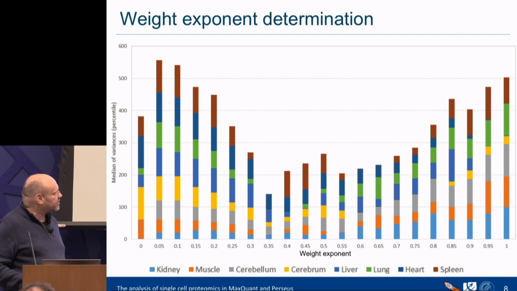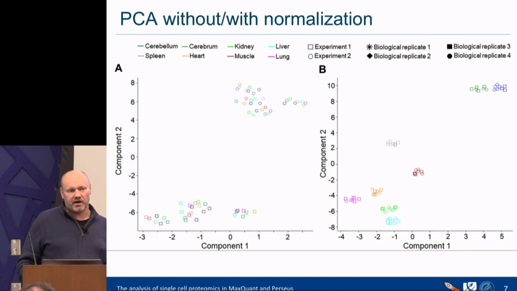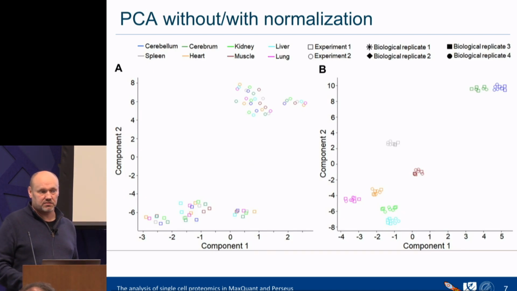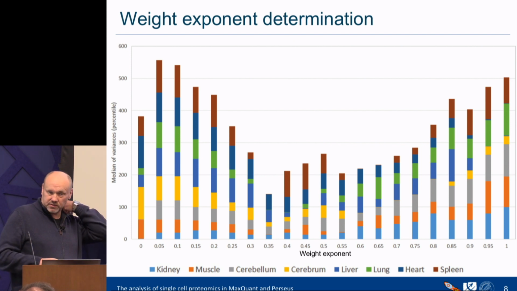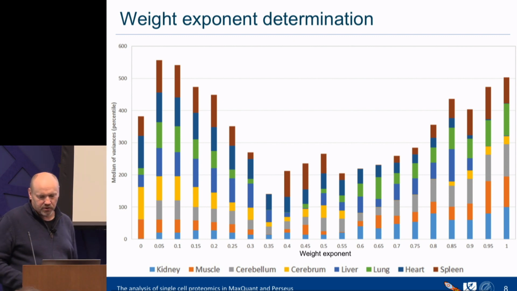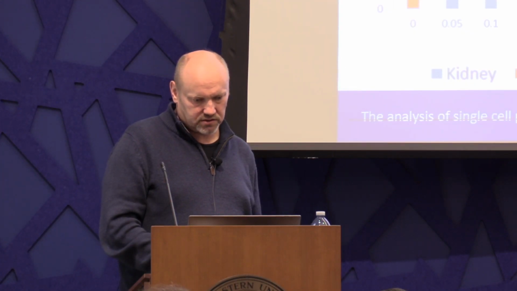So the thing to optimize clearly is just the within group variance. That's the within group variance as a function of the weight exponent, and we see at 0.35 it's minimized. So that seems to be the good value, and that's what we take as the default value. That's already integrated into MaxQuant and running, so it's possible to release that soon.